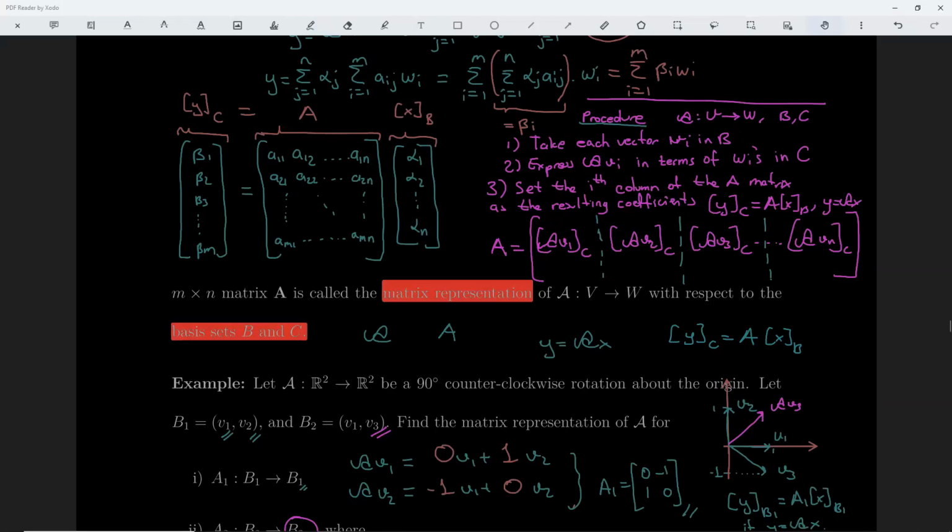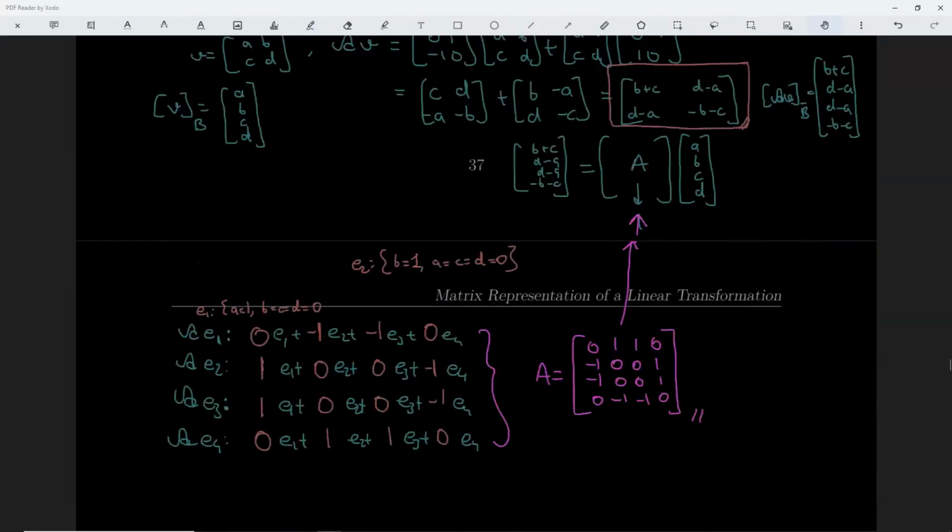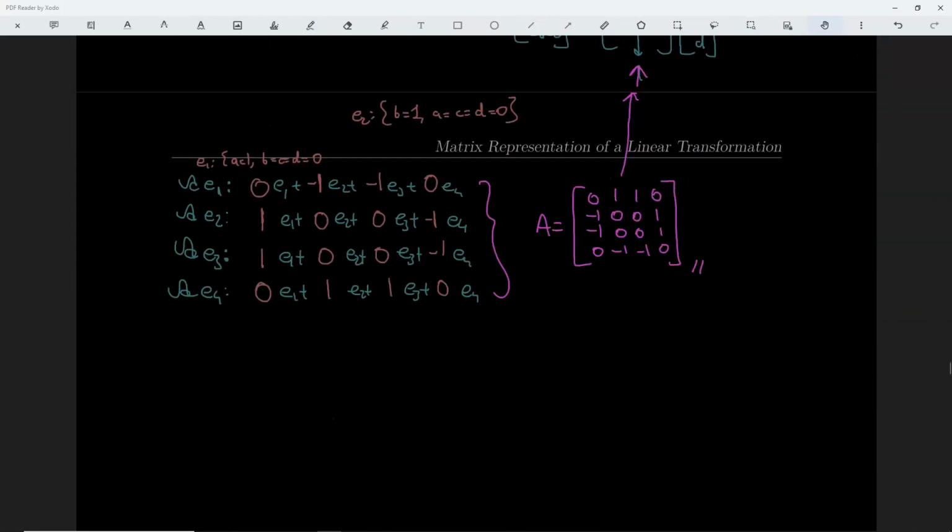When we are done with all of the basis vectors in B, we are done with constructing our A matrix over here. And we have seen some examples. So these coefficients appear in the columns of the A matrix. Different examples as follows.